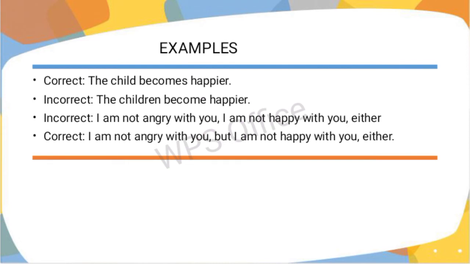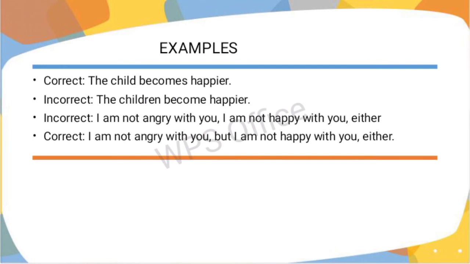The children becomes happier. The correct sentence is, the child becomes happier. This example belongs to subject-verb agreement errors because as you can see, the children from the incorrect sentence is plural and becomes is singular, and that makes the sentence wrong.